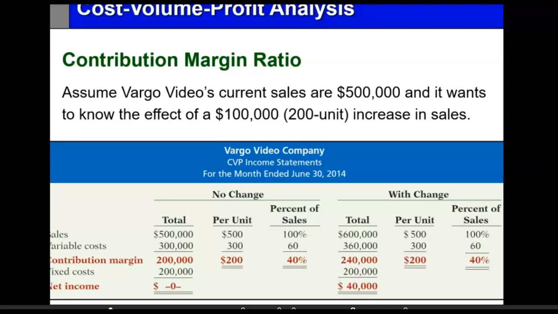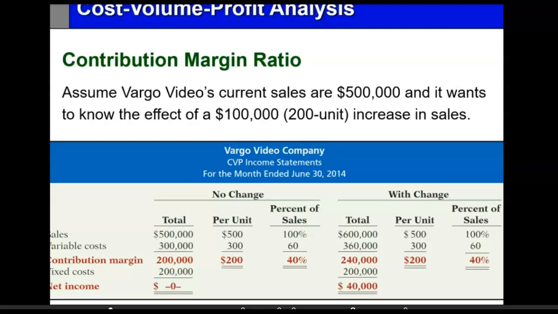Now, I want to increase by 100,000. The sales now go from 500,000 to 600,000. The variable cost, though, also increases. It still remains 60% of sales. So the variable cost is 360,000, and the contribution margin, which is 40% of sales, is 240,000.